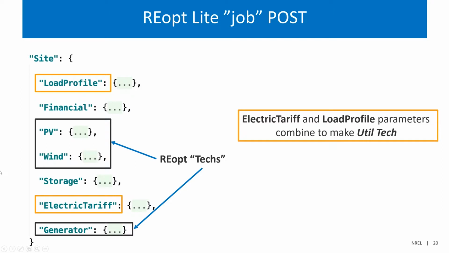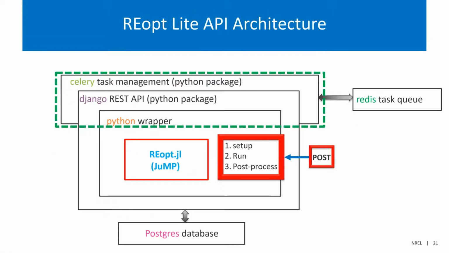So all of this ties into the REopt Lite API tech architecture that Sakshi showed. You see the Python wrapper, it does these 3 primary steps of setting up the inputs to the Julia model, running the Julia model, and then post-processing it.